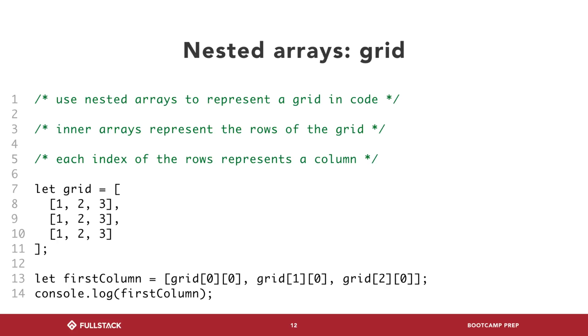Yeah, just grid 0, right? If I want the first row, basically I want everything on line 8. Well, everything on line 8 is very nicely encapsulated in this array for me, and this array happens to be the first element, the zero index or zero position, of grid. So grid index 0 is going to give me the first row. It's pretty simple, right? The second row is going to be grid bracket 1. Third row is going to be grid bracket 2, etc.